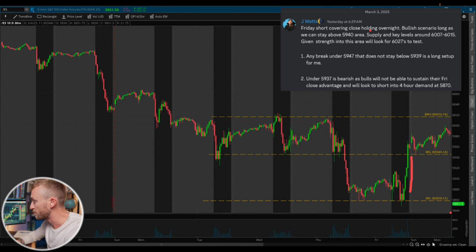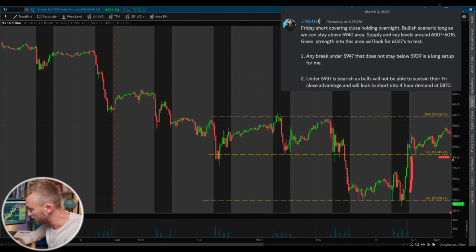So I'm thinking if this Friday short covering can hold overnight, it's a bullish scenario as long as we stay above this 5940 area, which is this balance range low. And then the supply and key levels around 6015. So any break under 5947 that does not stay below 5939 is a long setup for me.